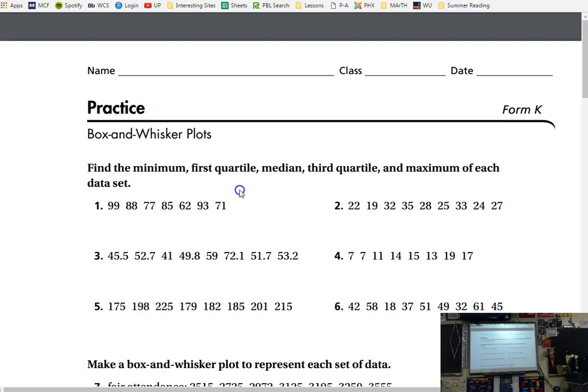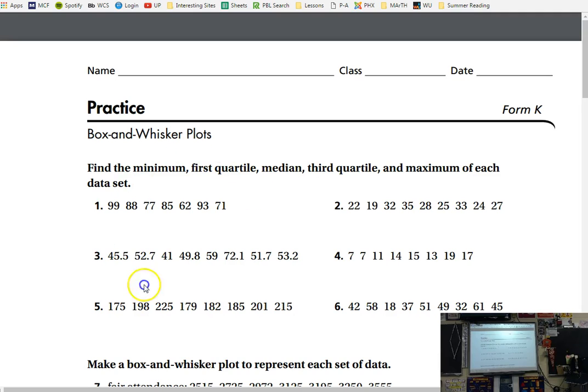They will not actually be equally sized, but they will contain 25% of the data. How wide or how narrow they are shows you how concentrated the data is. The wider that a quartile is, the more spread out your data is. The tighter a quartile is, the narrower it is, tells you that your data is more highly concentrated.